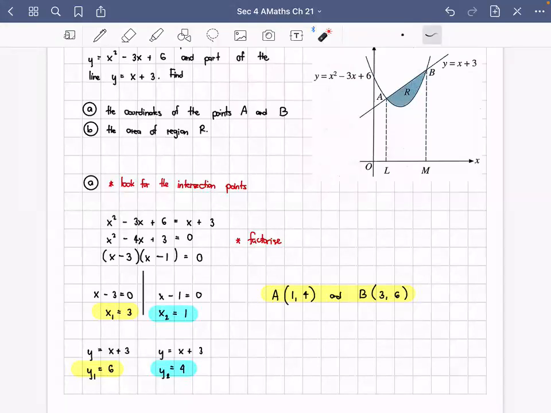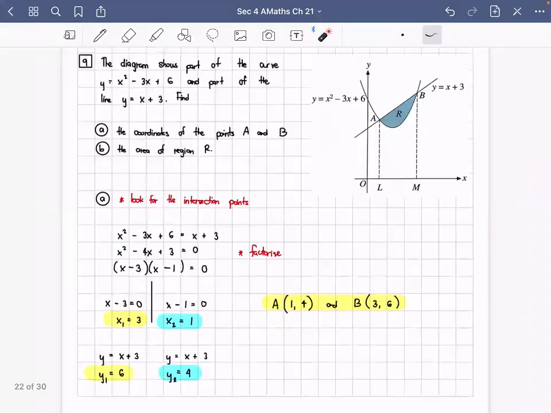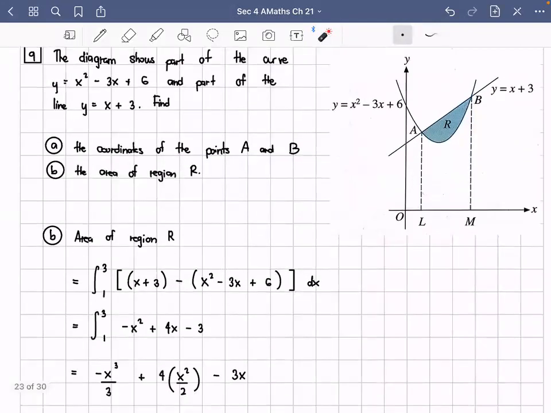Okay, so let's continue with letter B. What is the area of region R? So we need to find this now. So basically, class, we just need to subtract the functions of the curve and the line.